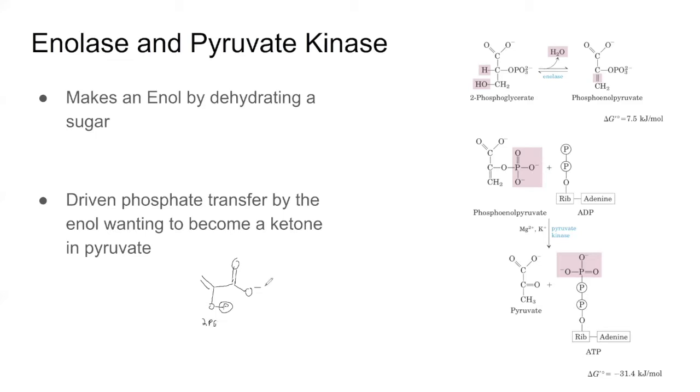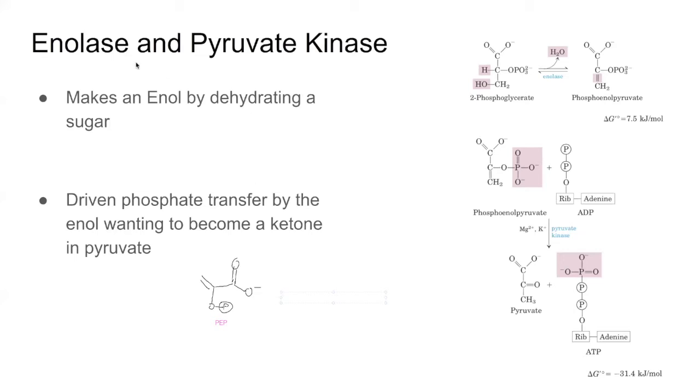So this is our 2-PG, our 2-phosphoglycerate. And so the first step is that we get rid of, oh, sorry, not 2-phosphoglycerate. This is phosphoenolpyruvate. So this is PEP. The first thing that happens is that the ADP transfer reaction happens first.